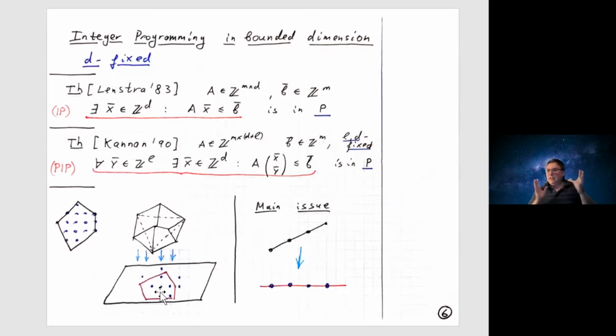So it is a tricky kind of problem. Do you see what I mean? And the reason it's tricky is basically because the projection of integer points in a convex polytope does not have to be the set of integer points in the projection of the polytope.